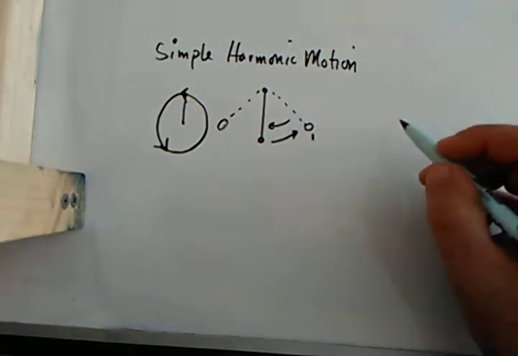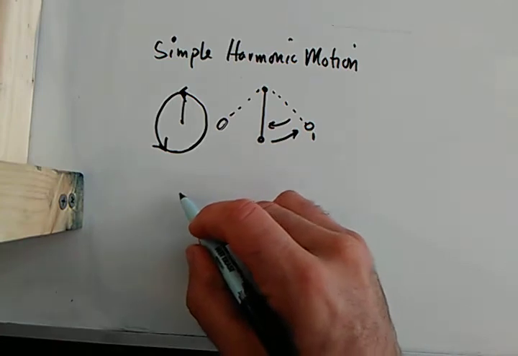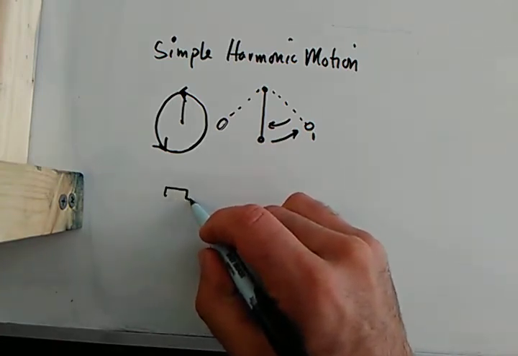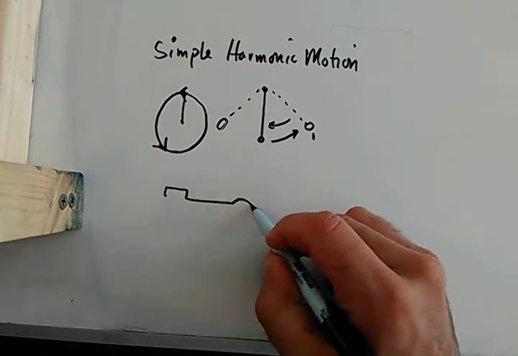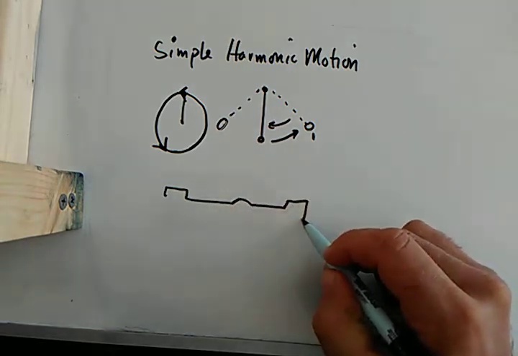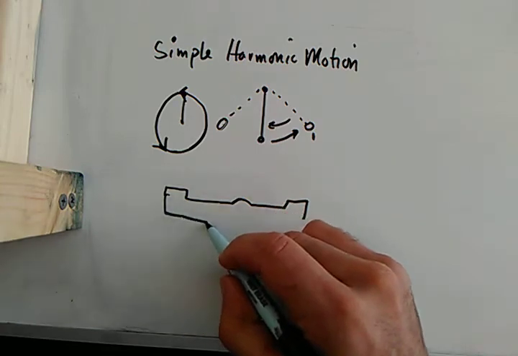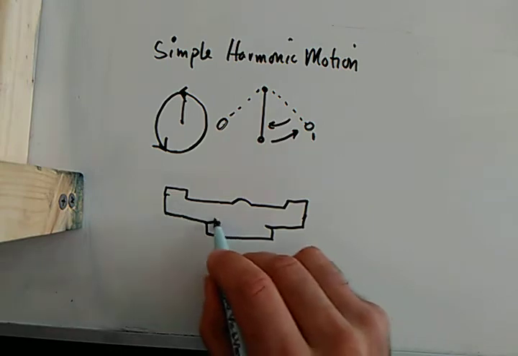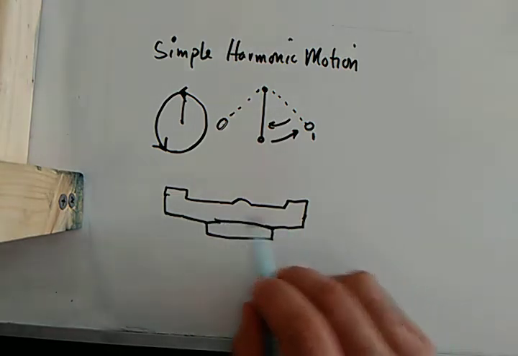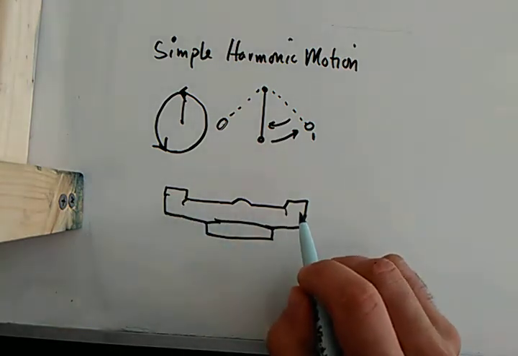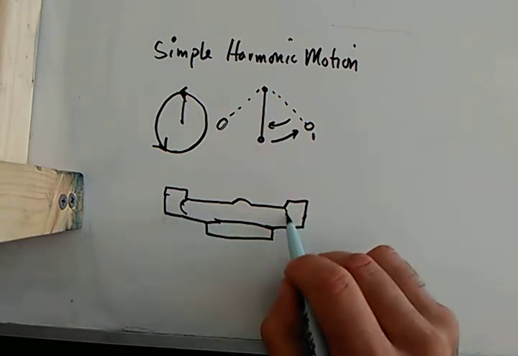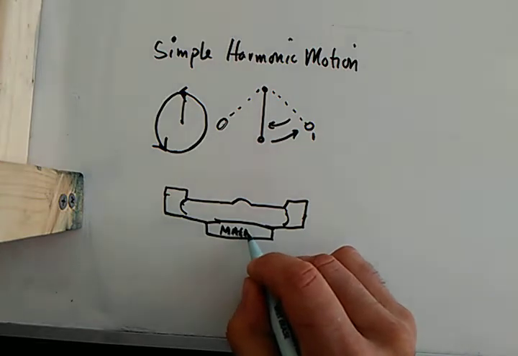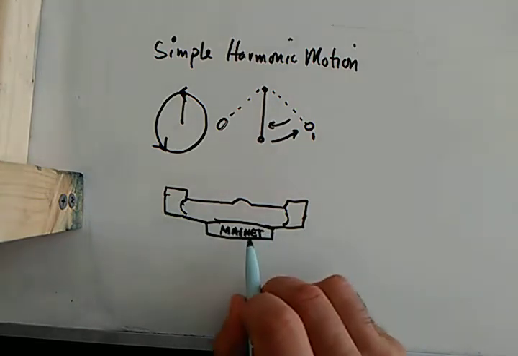Another thing that has a periodic motion would be, I'm going to do my best to draw a picture of this. This is a side view of a speaker. This could be a speaker that's in your car. If you were to look at a side view of that, this would be a big magnet on the back side.